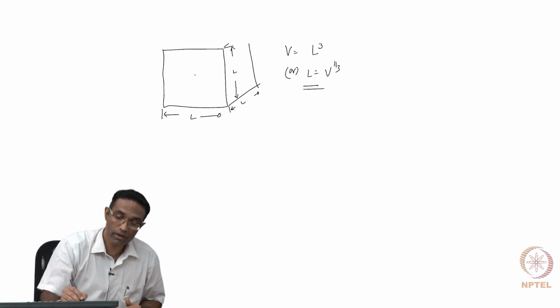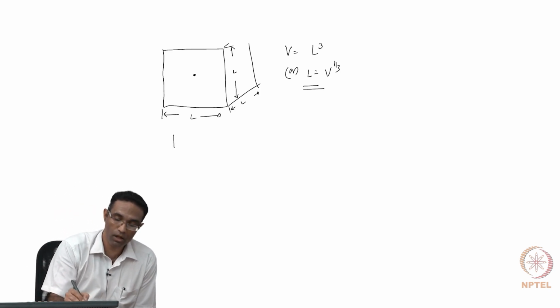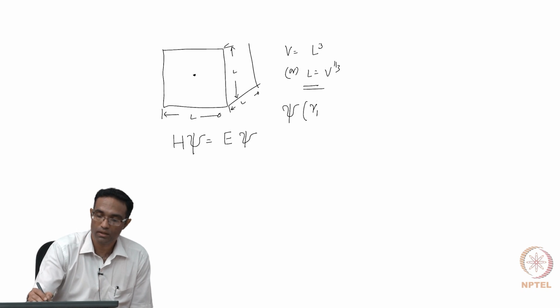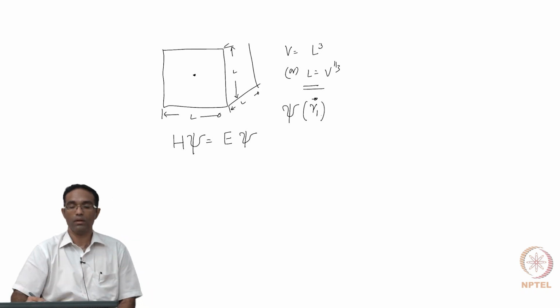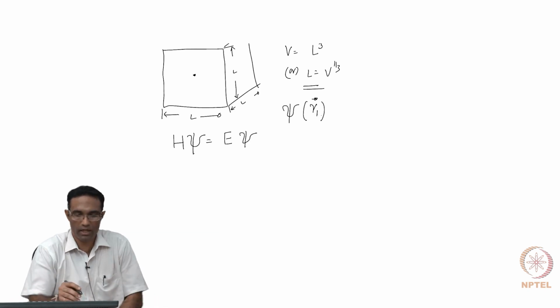Now, when we are looking at it from a quantum mechanical perspective, we had to solve the Schrodinger wave equation for this particle, where psi is the wave function, which is a function of the position of that single particle, right?